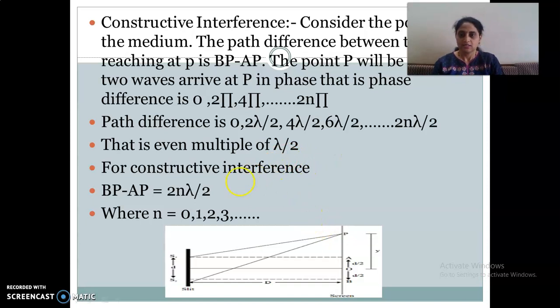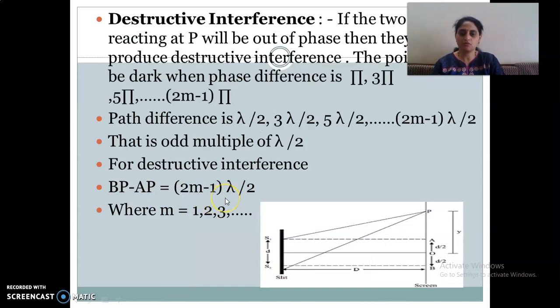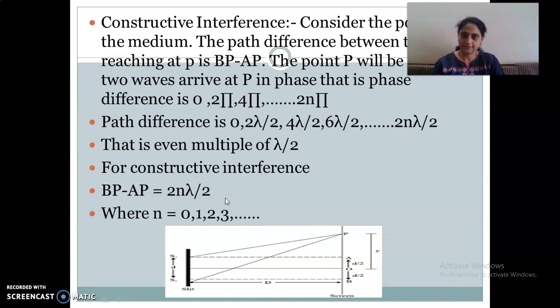That is even multiple of half wavelength. For constructive interference, BP minus AP is equal to 2n lambda upon 2, means path difference is equal to even multiple of half wavelength, where n is equal to 0, 1, 2, 3.